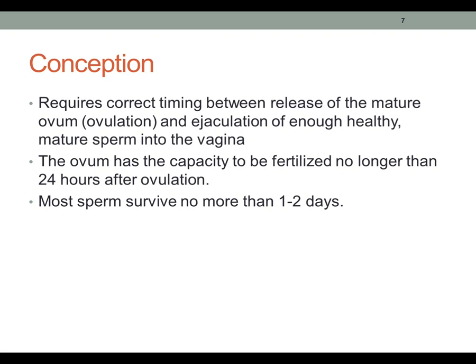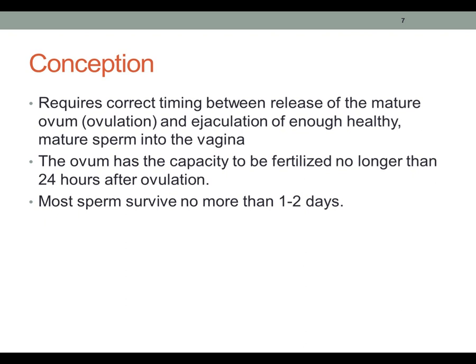So conception. You have to have really good timing in order for conception to occur. Because once the ovum is expelled from the ovary during ovulation, and while it's in the fallopian tube, it has about 24 hours once it's expelled to be fertilized.